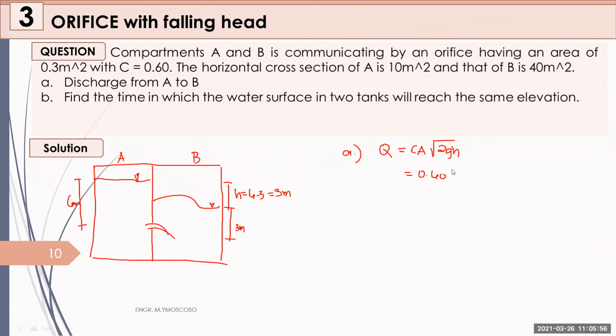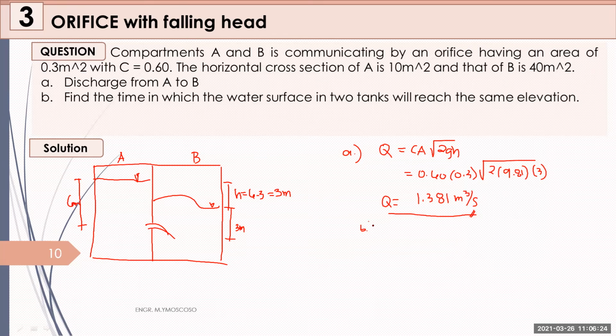Okay, times the area given. You have an area given as 0.3. So you have 0.3 square root of 2 times 9.81 times our H, which is 3. Therefore, the value of your discharge is how much? That is 1.381 cubic meters per second.